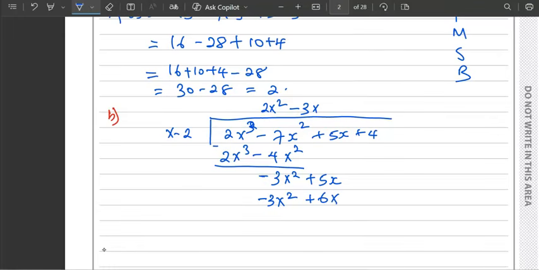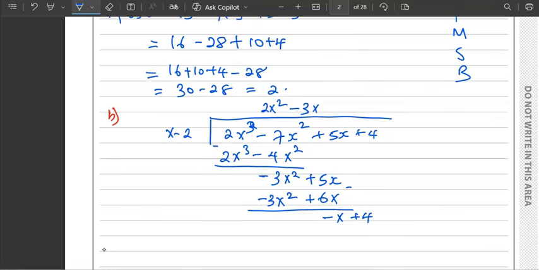What are we supposed to do next? We get the difference by subtracting. Of course, negative 3x squared plus 3x squared is 0, and 5x minus 6x is the same as negative x. The next step, we bring positive 4 down. We start again. x goes into negative x how many times?